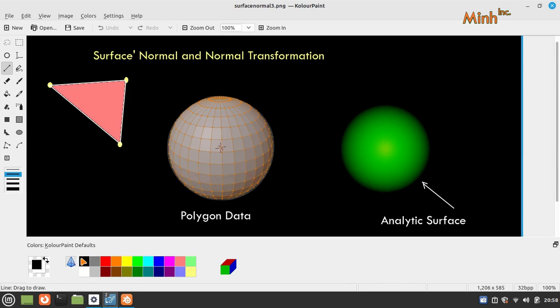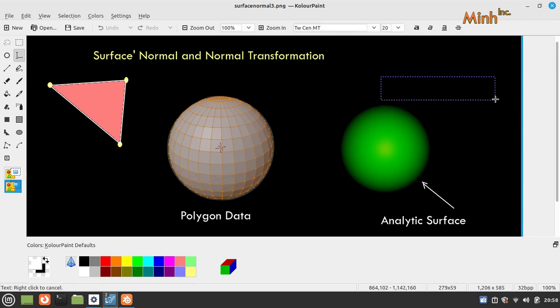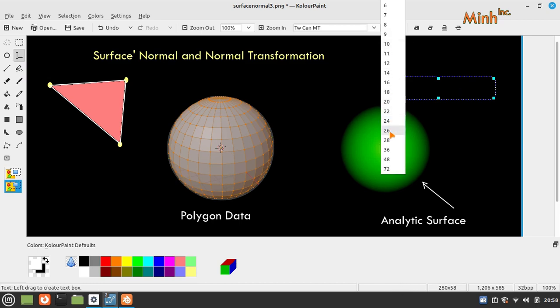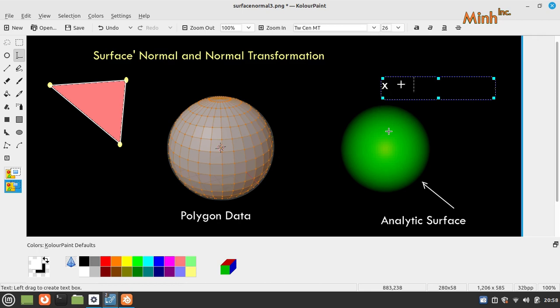A surface can be represented as a polynomial equation. So I can say it as x square plus y square plus z square minus k, or minus 1 if it is a unit sphere, equal to 0.